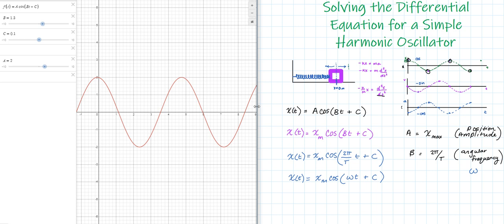And so what we refer to c as is the phase of the graph. Sometimes it's referred to as a phase angle or as a phase shift, but it's basically just showing at what point on the 2 pi radian cycle the graph is starting at. So that's how we want to think of it: what position on the 2 pi radian cycle is it occurring at, and we use the Greek letter phi to represent that.